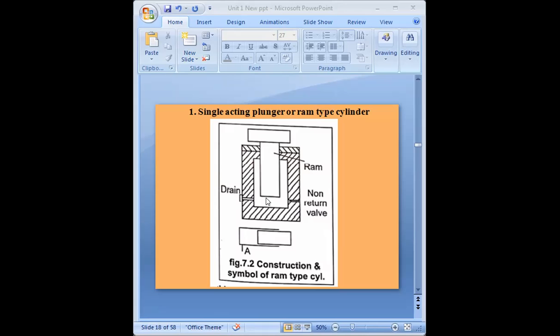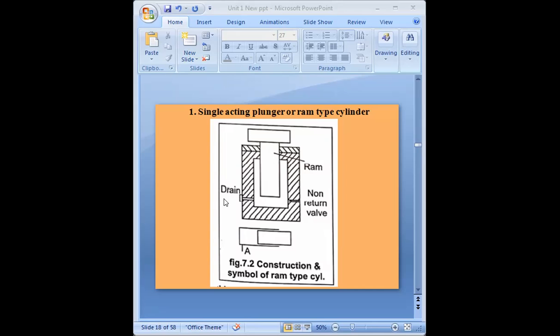Due to that pressurized fluid applying force on the ram, the ram will lift in the upward direction. Getting it? In the upward direction. And through this drain, your fluid will exit.